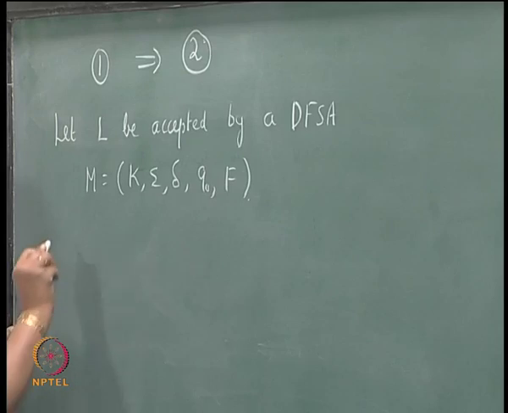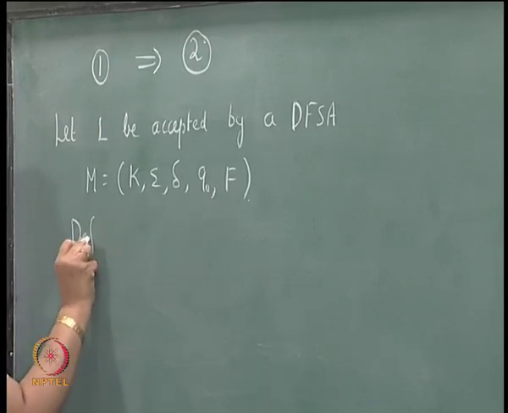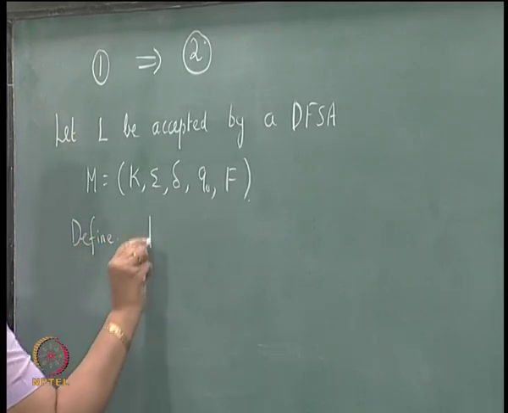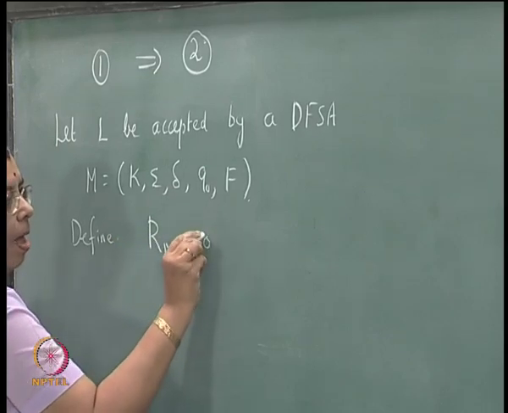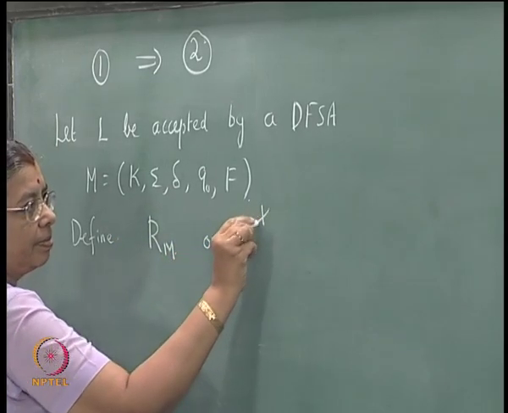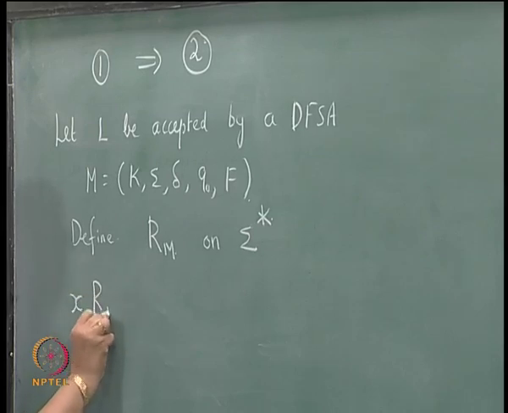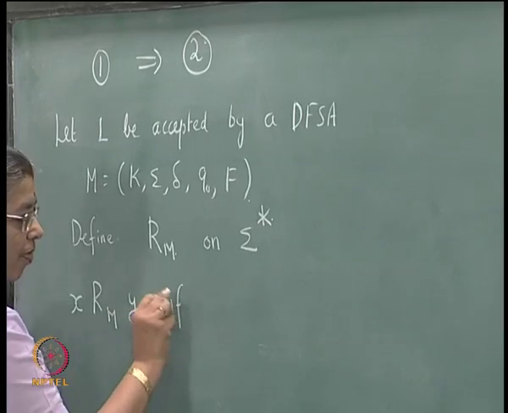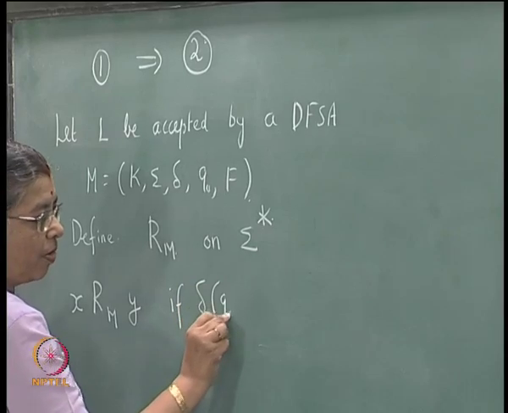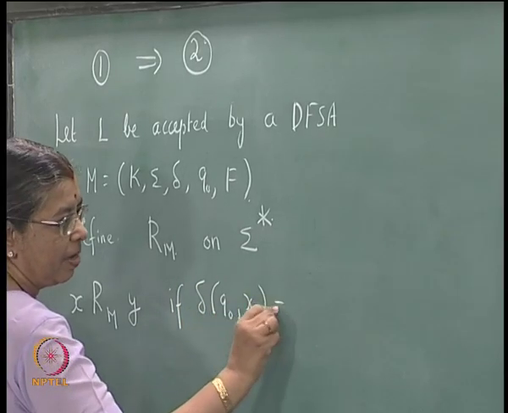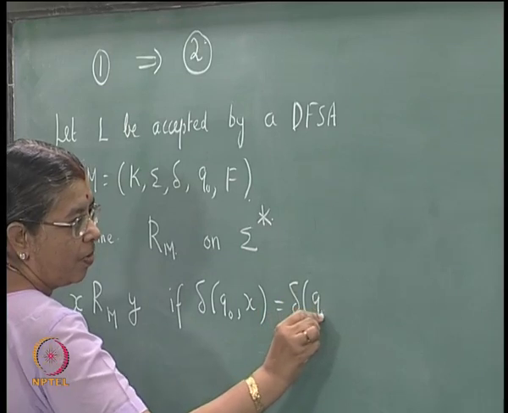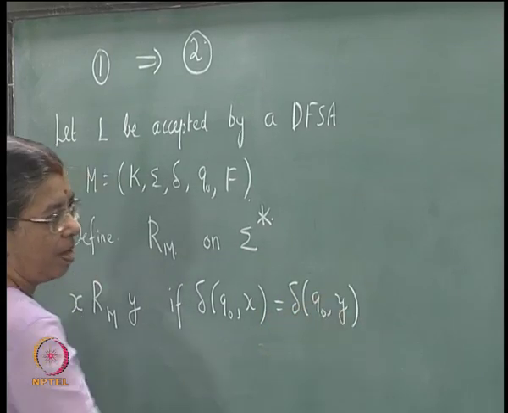And you define an equivalence relation RM on sigma star. How do you define it? If two strings x and y are related by RM, okay, if delta of (q0, x) equals delta of (q0, y).